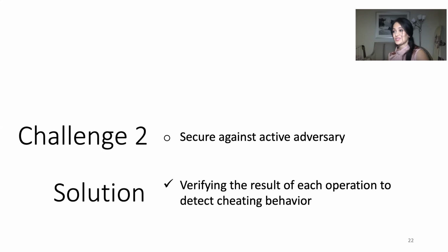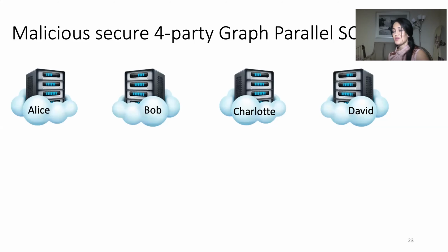Another challenge was protecting the scheme against an active adversary, and for that, we had to be able to detect the malicious behavior by verifying the result of each operation at each step. So imagine we have 4 parties, Alice and Bob, Charlotte and David. Every operation done by one group is being verified by the other group to detect malicious behaviors and cheating behavior.